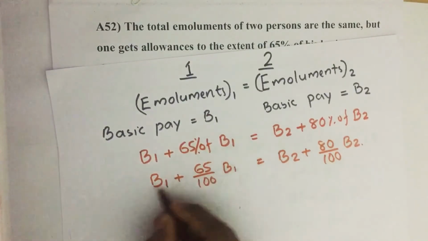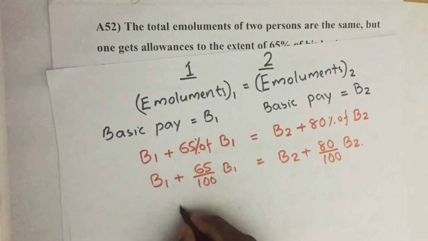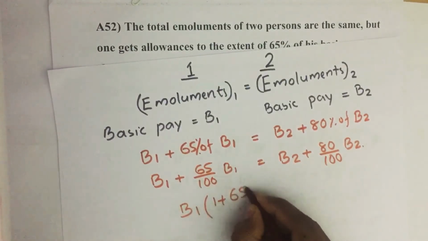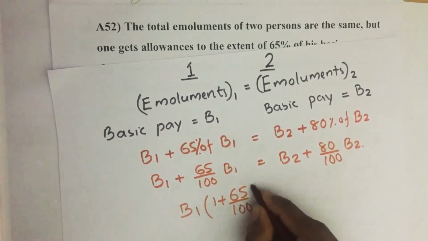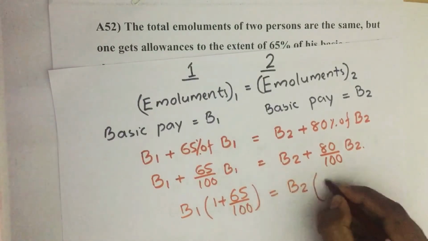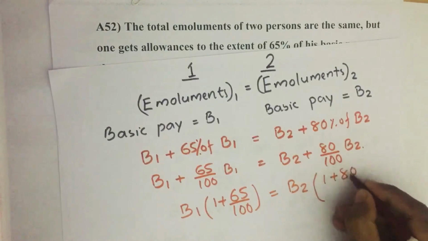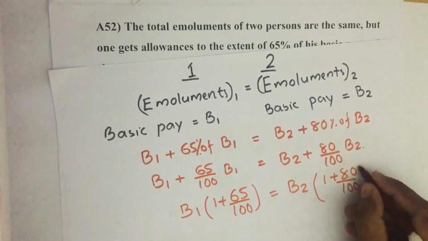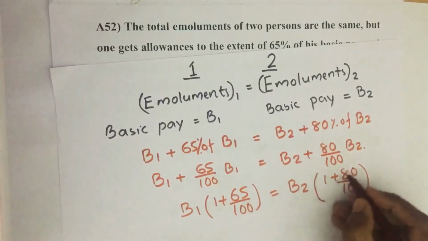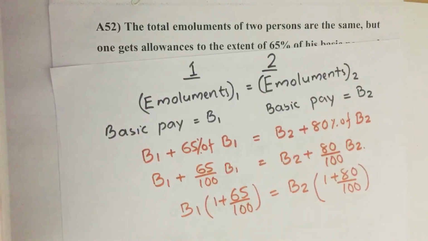Now B1 is common in both these, so we take B1 common: 1 plus 65 divided by 100 equal to B2 into 1 plus 80 divided by 100. Here I took B2 common, then 1 plus 80 divided by 100.